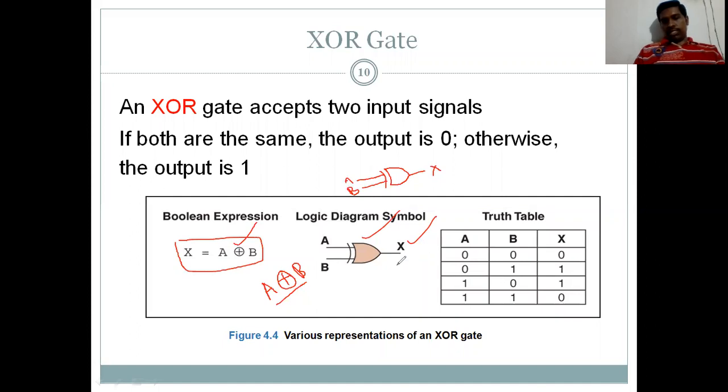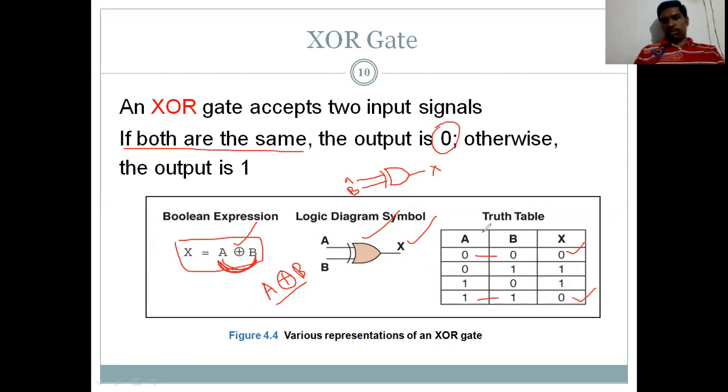Okay, so what is the condition here? When both the inputs are equal, then your output will be 0. See here, when A and B are equal, output is 0. Likewise, when A and B are equal, output is 0. Remember that if both inputs are same, then output is 0.